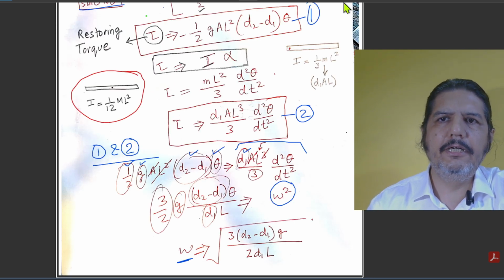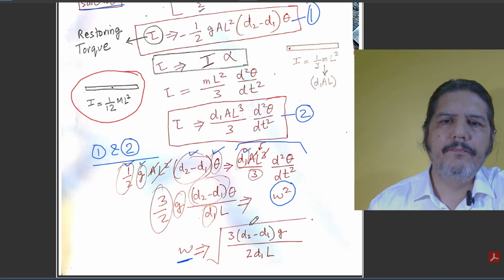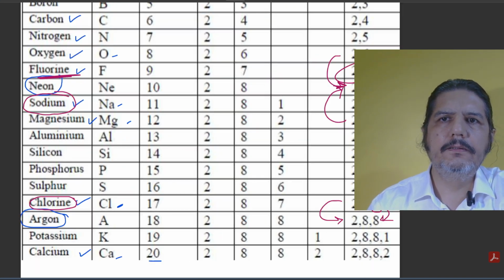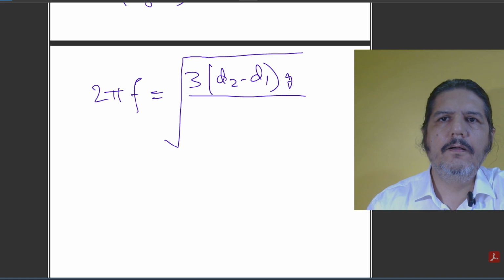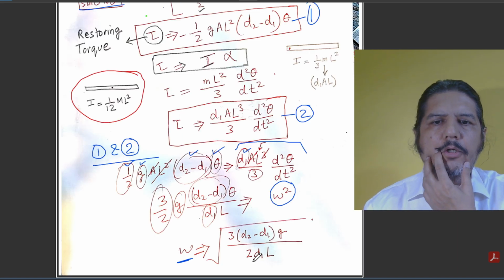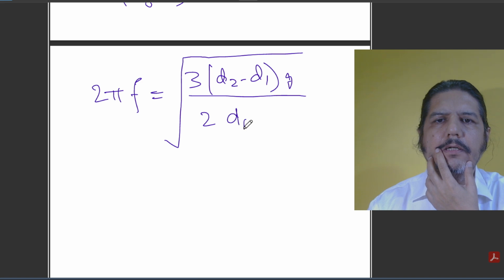So 2 pi f is equal to the square root of 3 (d2 minus d1) into g upon 2 d1 l.